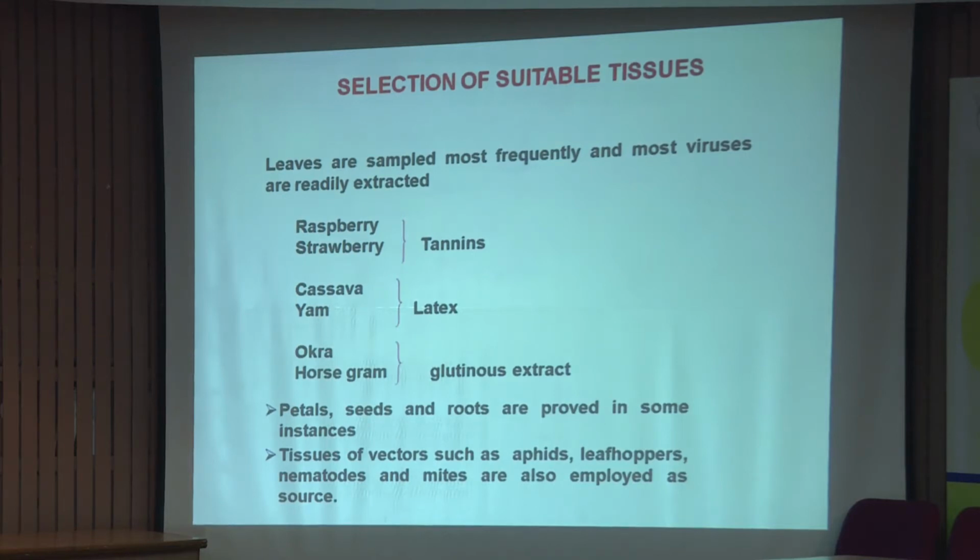But in some cases, like raspberry and strawberry, they have tannins. Cassava and yam have latex, and okra and horse gram have glutinous extract. So in that case, we can use some other part of the plant. And in some cases, petals, seed, and roots have also proved to be a very good extraction source for the viruses.